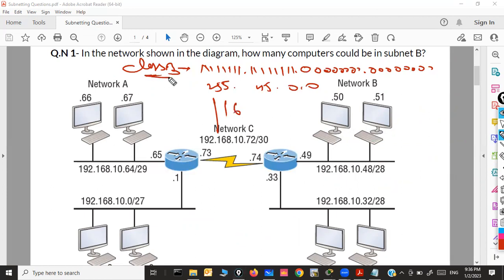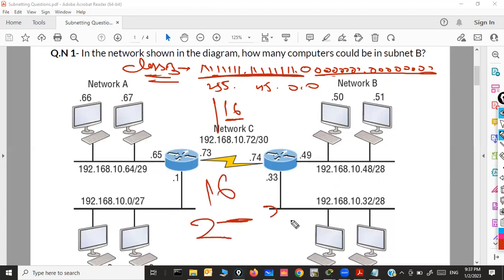So how many host bits in class B? Total 32, 16 network, then the remaining 16 are host bits. So how many hosts in class B? 2 raised to the power 16 minus 2. And why minus 2? Because the first and last cannot be used.